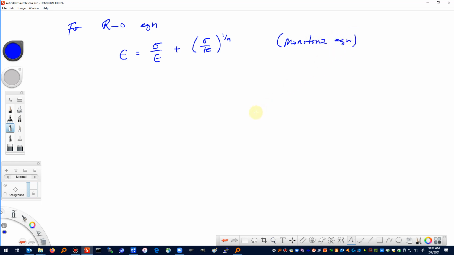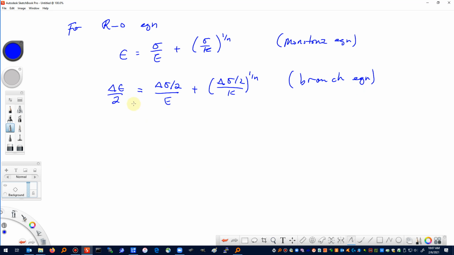If we want an equation for a hysteresis branch, we replace the strain terms with the strain amplitude. Remember, the amplitude is the range divided by 2. And then we replace the stress terms with the stress amplitude, and again, the stress amplitudes are the stress ranges divided by 2. Okay, so this would be our branch equation.